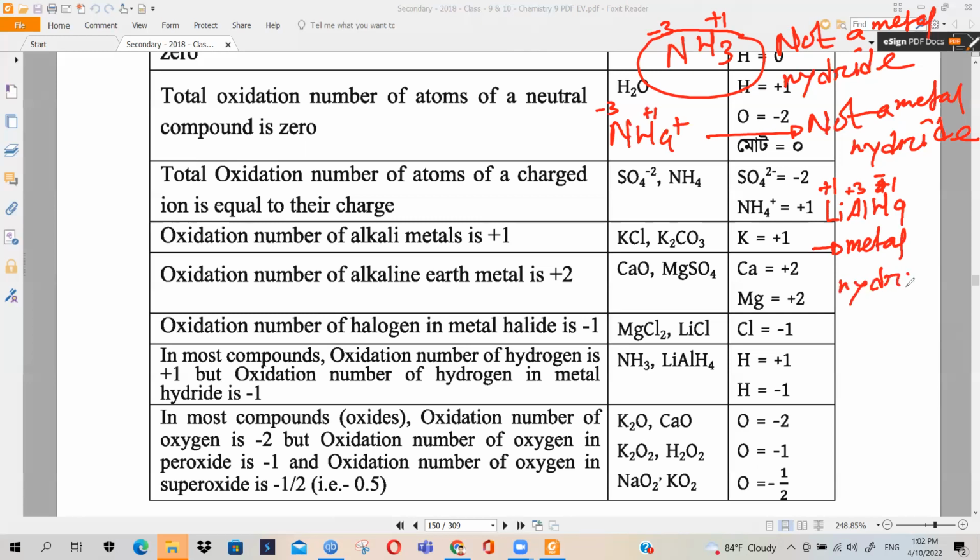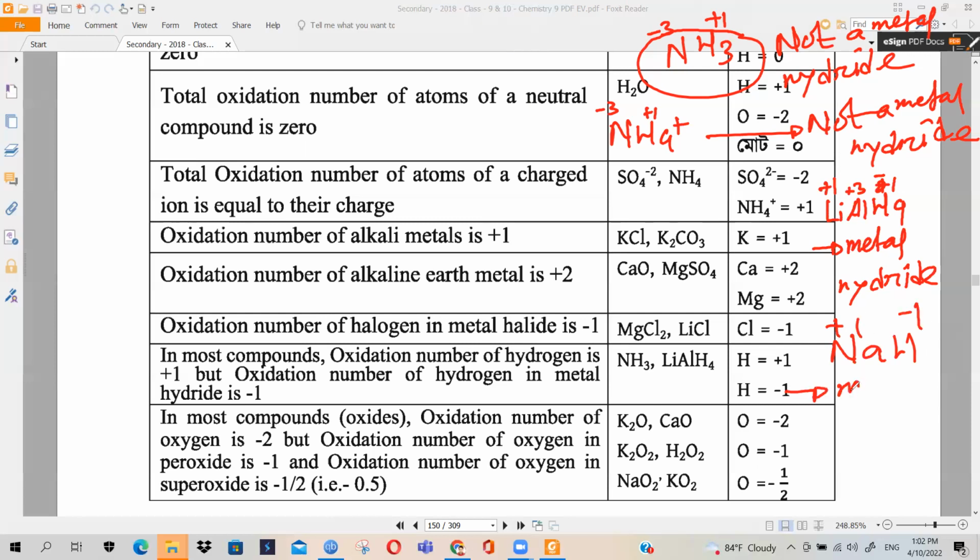So all of that being said, why do you think I have written all the oxidation numbers in the case of ammonia, the ammonium ion, and metal hydride? Let me give you an easier metal hydride, sodium hydride. In sodium hydride, sodium is +1 and hydrogen is -1.